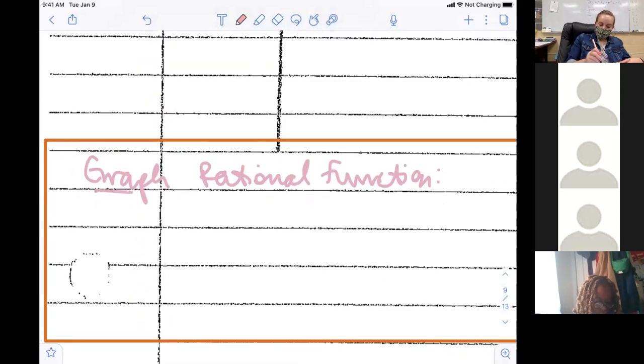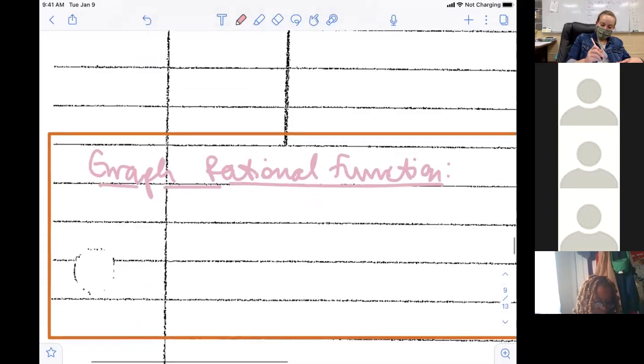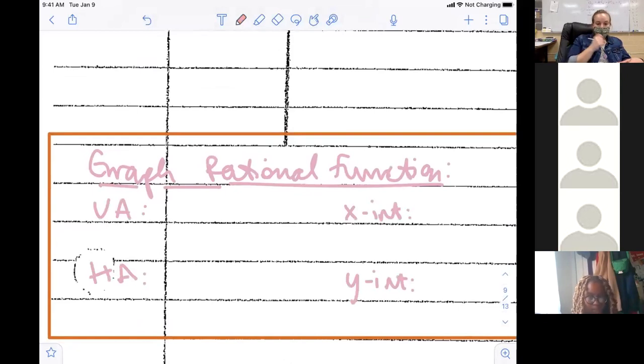So I need vertical asymptote and horizontal asymptote. And then we need intercepts, x-intercept and y-intercept. Again, we learned this already. You learned this in Algebra 2 even. Like this should be old hat, but I'm just reminding you how to find these things.